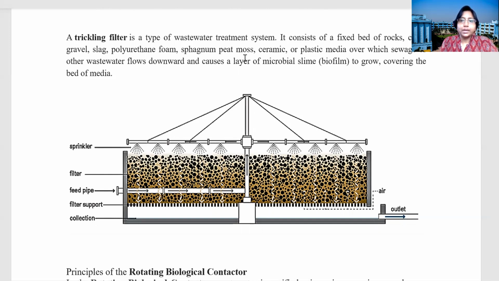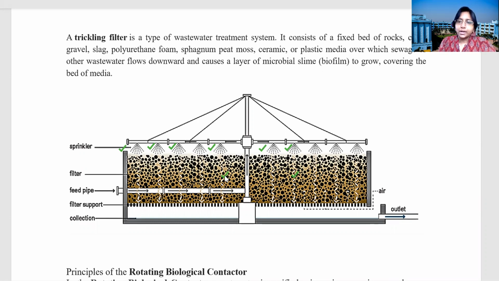That means from here the wastewater is coming. You can see the sprinkler here. Through this, the wastewater moves through these particles, and these particles contain, as I told, the microorganisms.